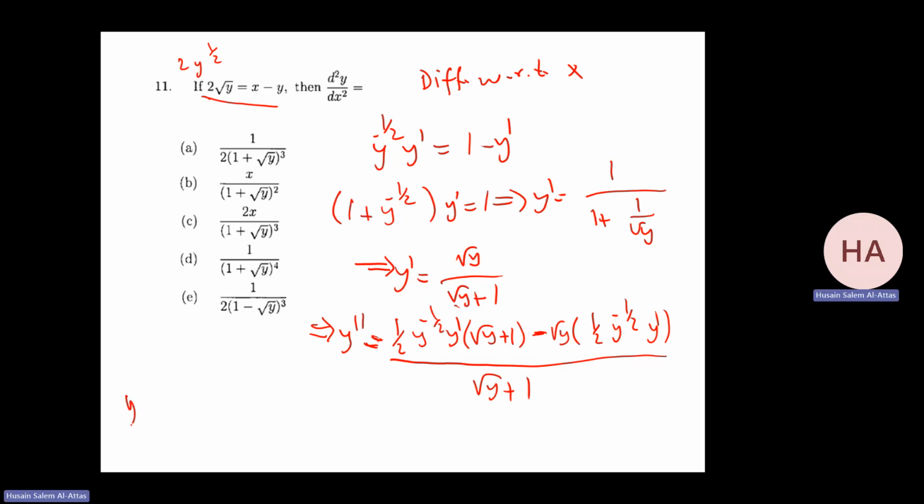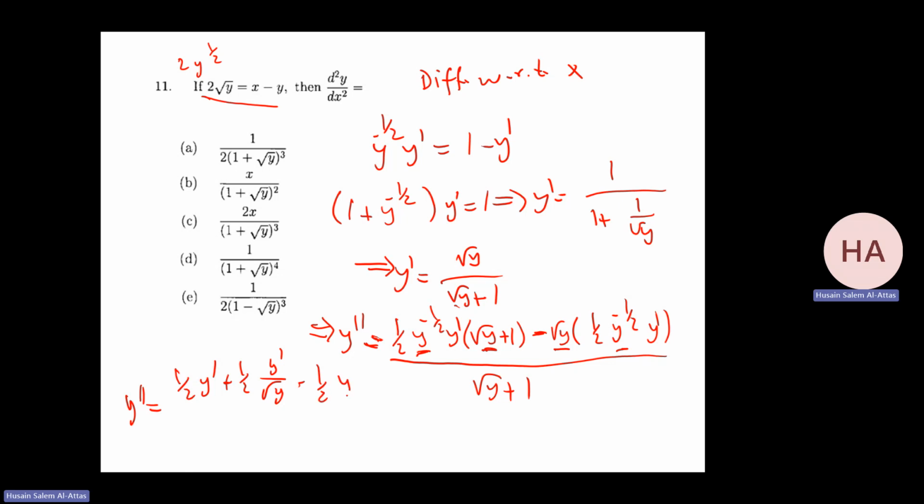Y double prime equals: I have this is 1 over root y multiplied by this. That will be cancelled. So I have half y prime. This time this gives me 1, because this is 1 over root of y. So this gives me y. So I have half y prime plus half y prime over square root of y. Here this with this cancelled.